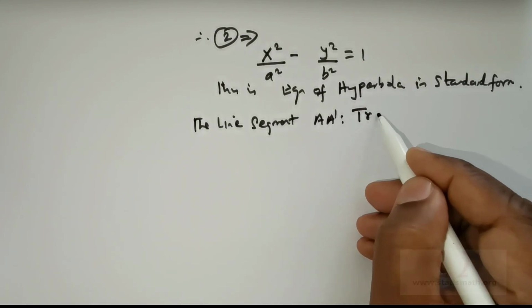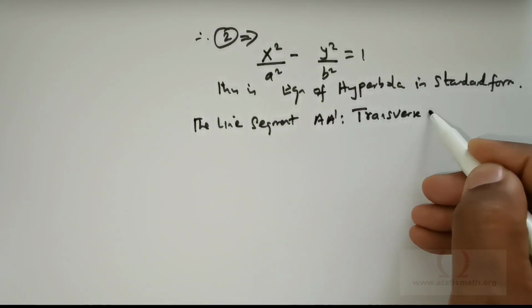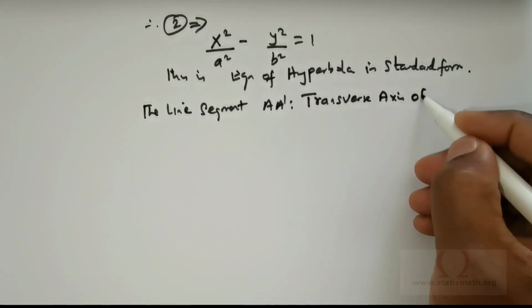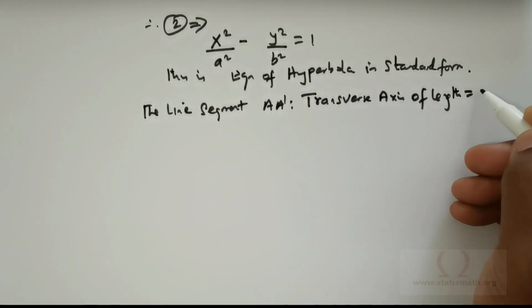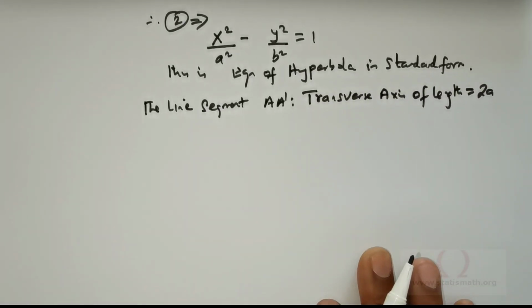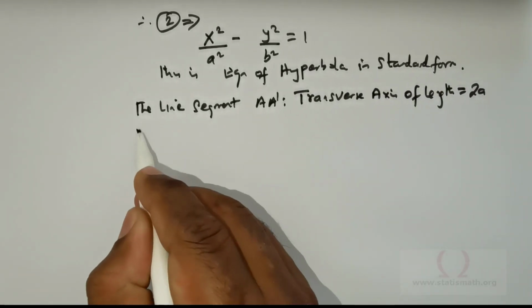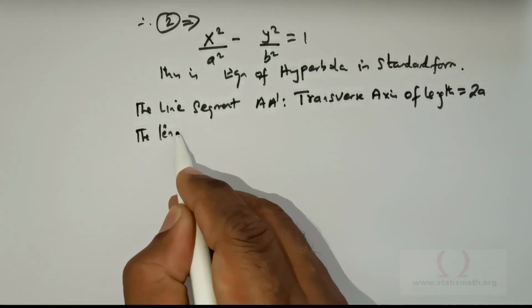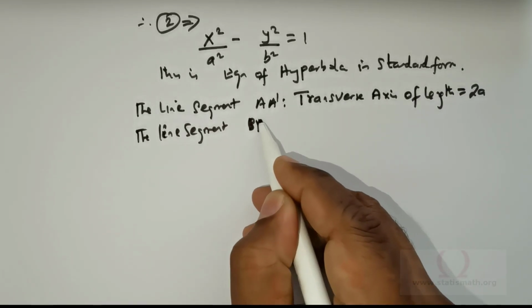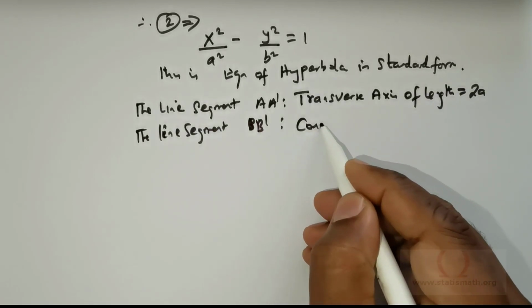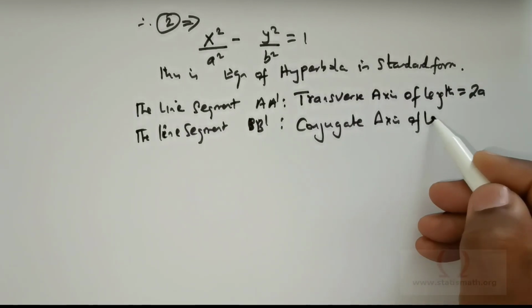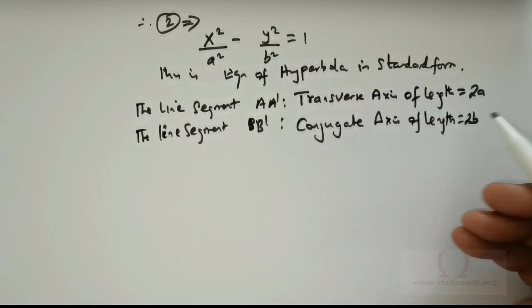In this case we call it the transverse axis, of length 2a, so that is critical. Now the line segment BB dash is called the conjugate axis, of length equal to 2b.